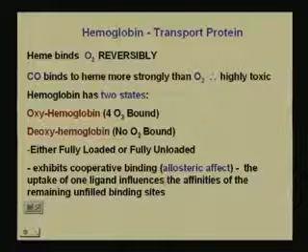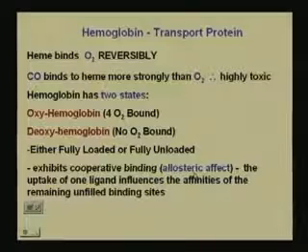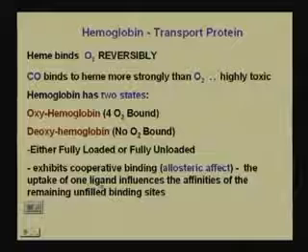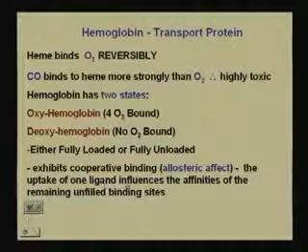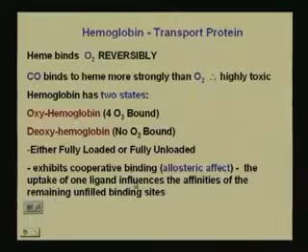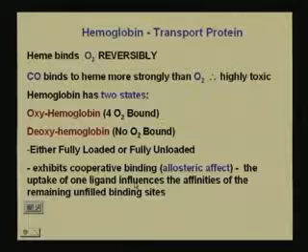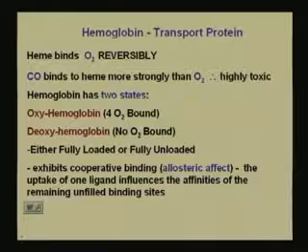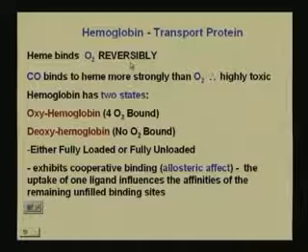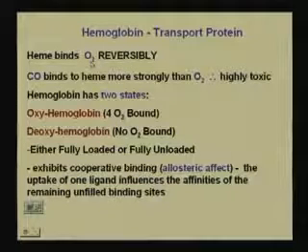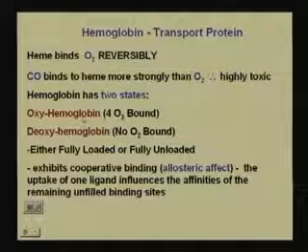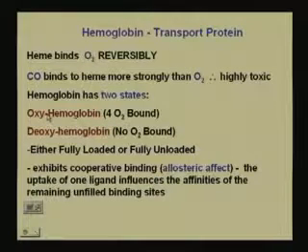It is something that I mentioned last time, what is called an allosteric effect, where the uptake of one ligand, that is one oxygen molecule, is going to influence the affinity for the binding of the other oxygen molecules. So it is going to help or facilitate the binding of the other oxygen molecules. So what we have is a reversible binding of oxygen to give 4 oxygens bound in what is called oxyhemoglobin.